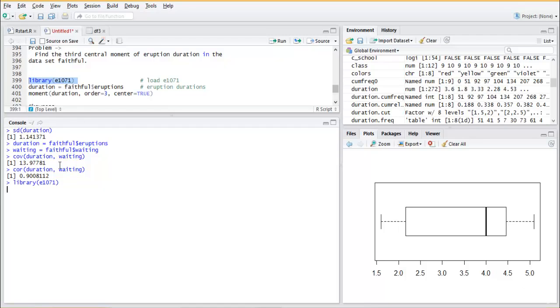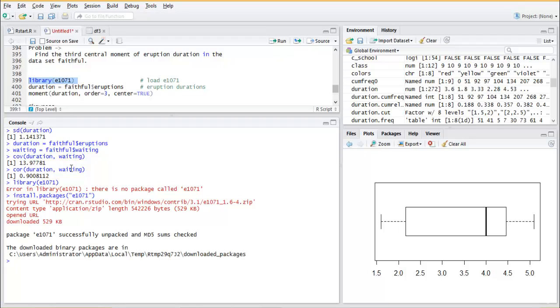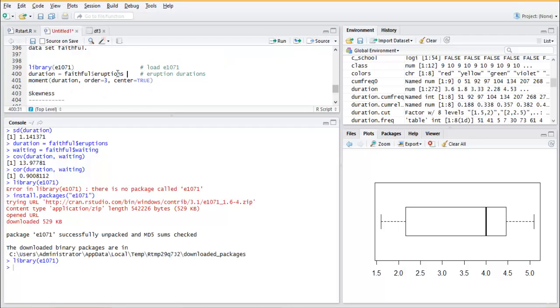Let's get that library on board. Okay, it's not available. We need to install the package with install.packages. Once I have it installed, I need to call this library, and once I have it, I will have the moment function. So I'll get the first, second, third moments on the duration itself.